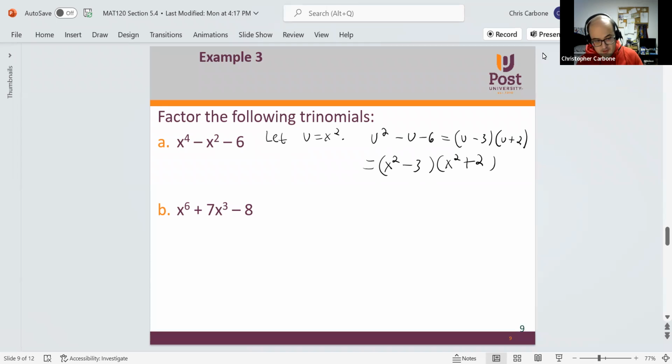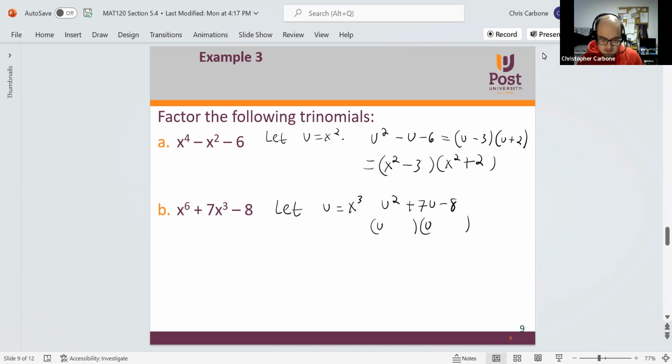And for this bottom one, x to the 6th plus 7x cubed minus 8, again we could substitute, let u be x cubed. So this would be u squared plus 7u minus 8. And that does factor.